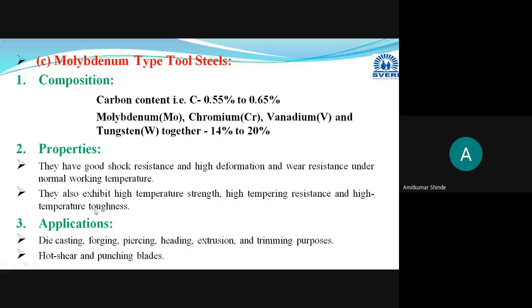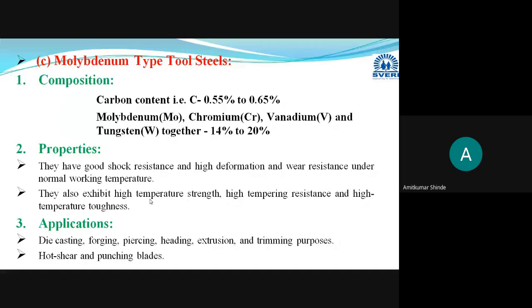Now the next property is similar to the previous two types, that is, they will provide high strength, high temperature toughness, and they will provide tempering resistance, that is, resistance to softening also. Then the last point is the applications.